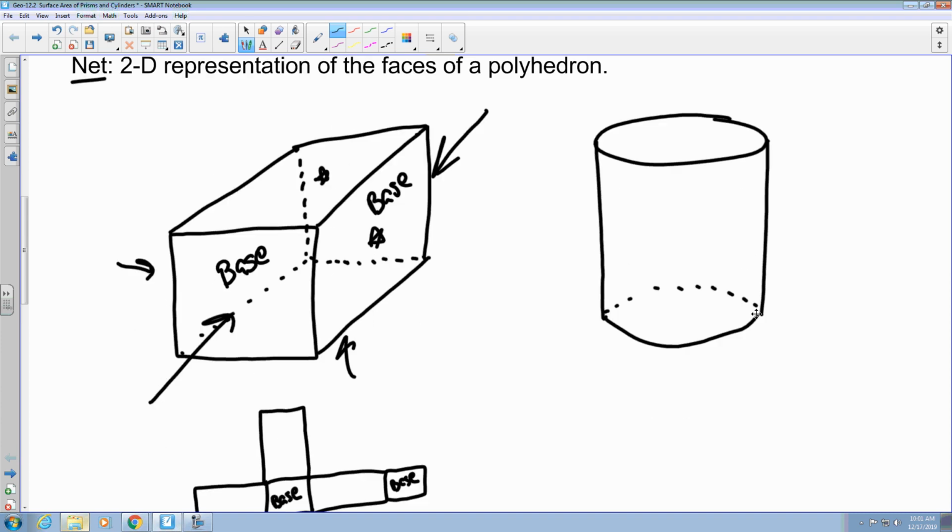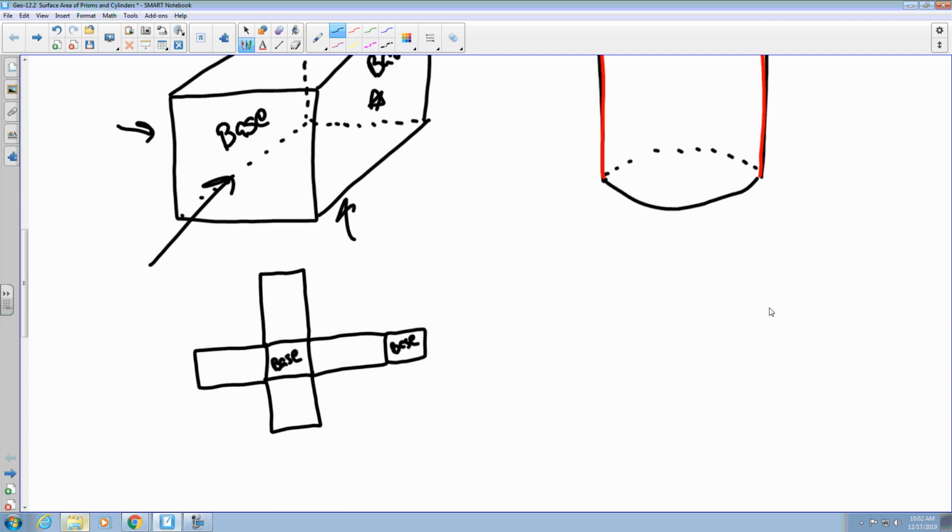If you look at this cylinder here, one of the main things you have to do is figure out what the shape is going to look like off of these lateral edges. Imagine it as sheet metal and you roll it out flat. The 2D representation of this is going to be a rectangle.